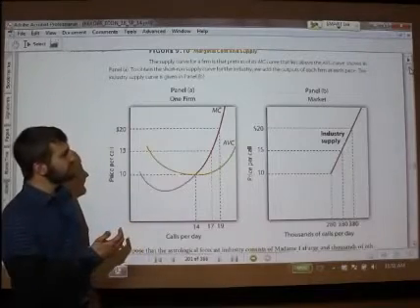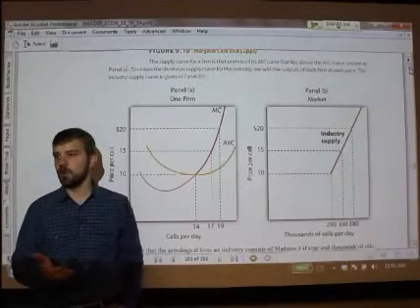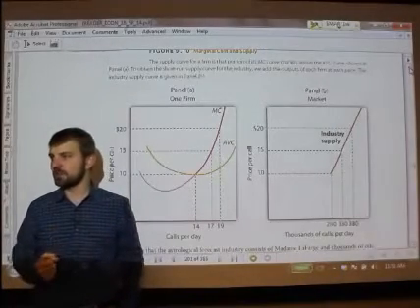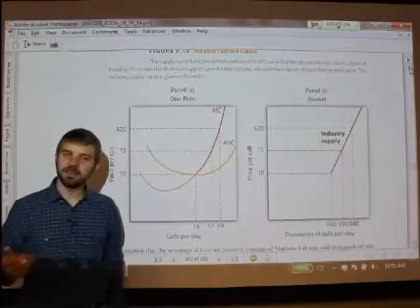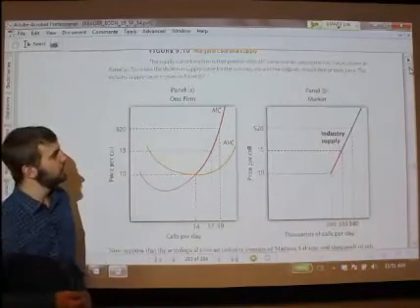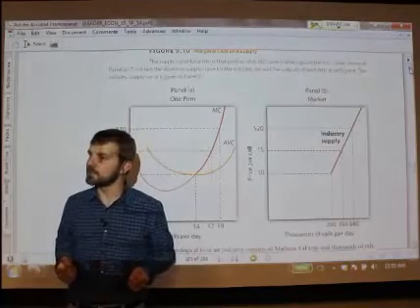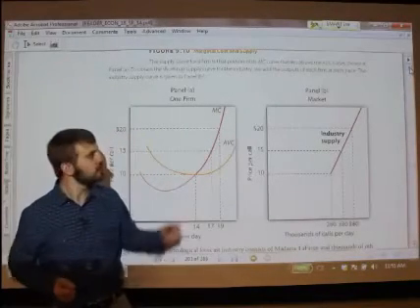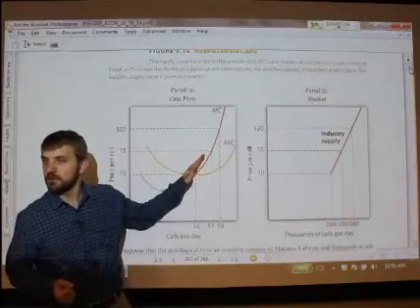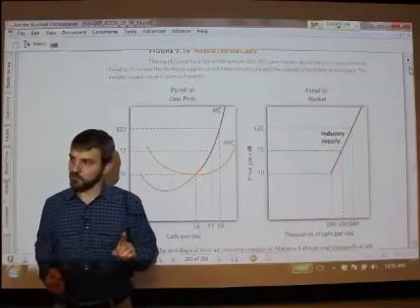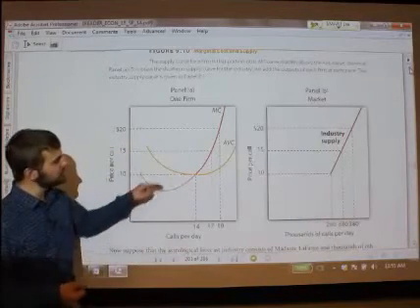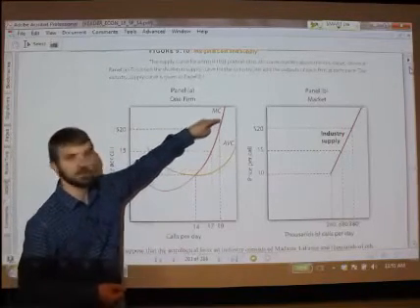The fact that a firm shuts down when the price is below their average variable cost yields the following result. And so this is important. Where does the firm's supply curve come from? It turns out the firm's supply curve is their marginal cost curve. But not the entire marginal cost curve. Only the portion of the marginal cost curve that's above average variable cost.